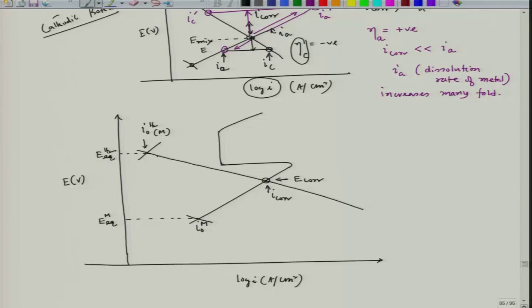that means if I go anodically, if we follow anodic polarization, let us say I am going this way, and gradually I am moving upward.